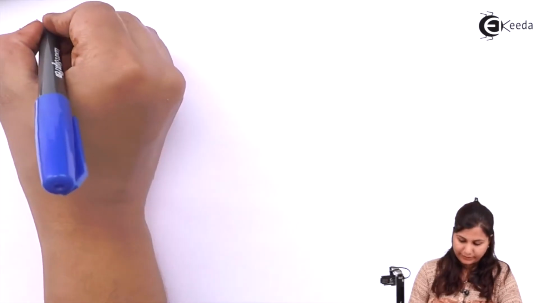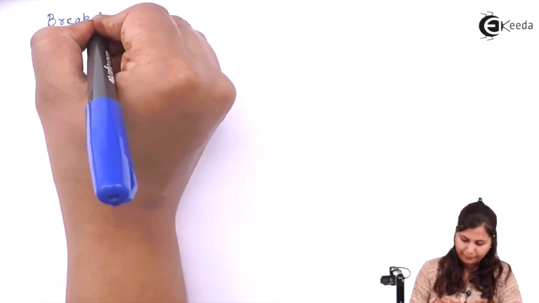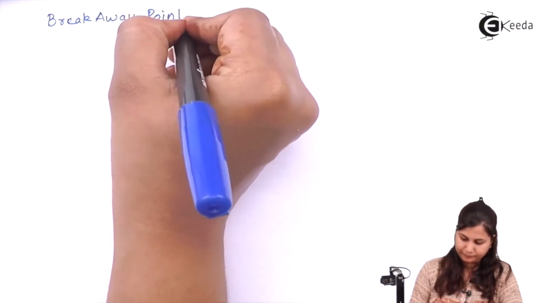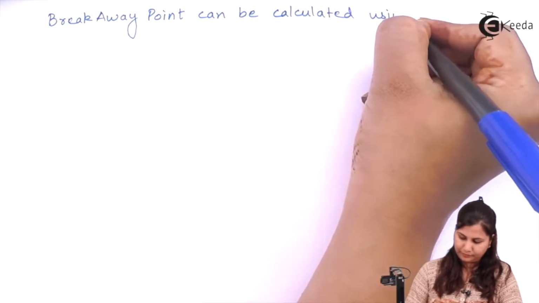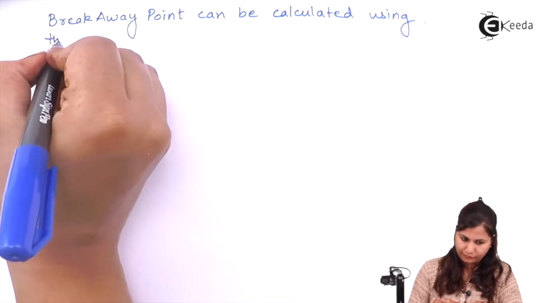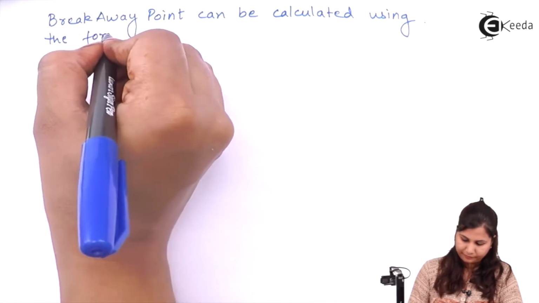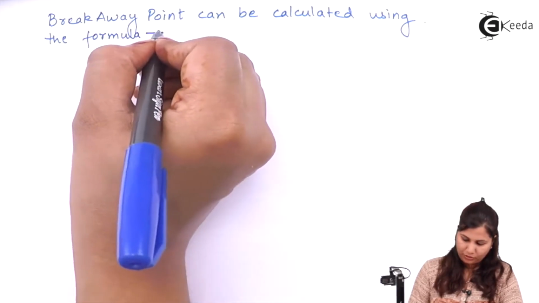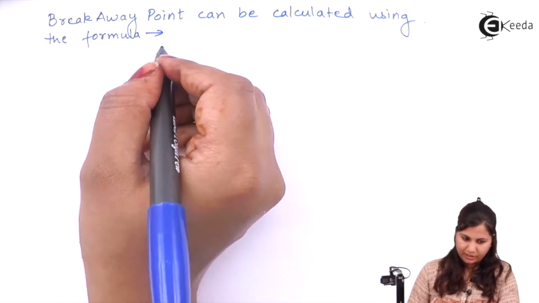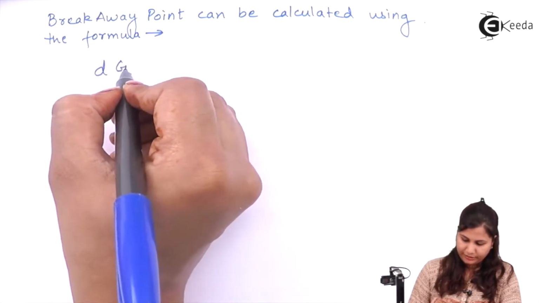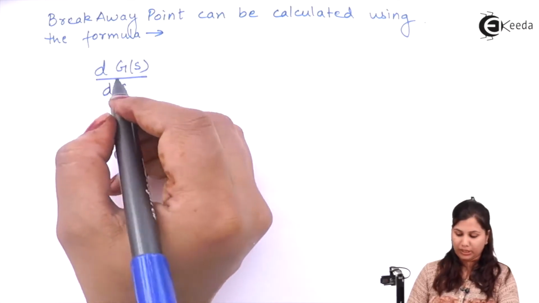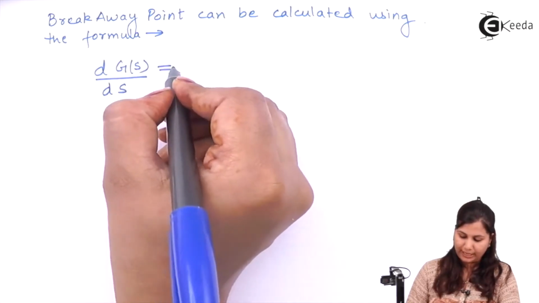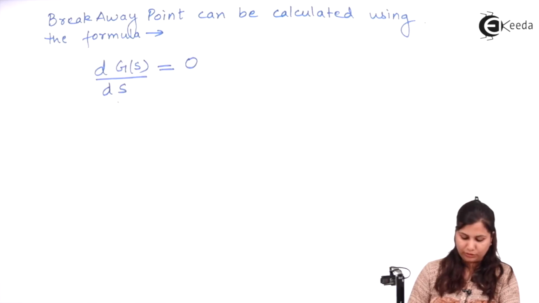So the breakaway point can be calculated using the formula: we are differentiating dG(s)/ds, where G(s) is the open loop transfer function, and equating it to 0.